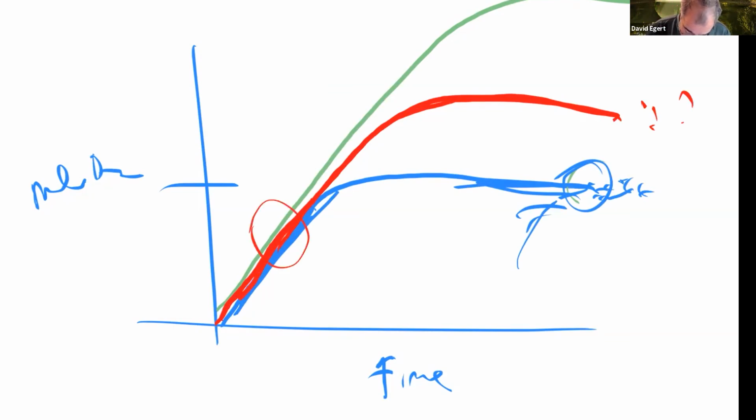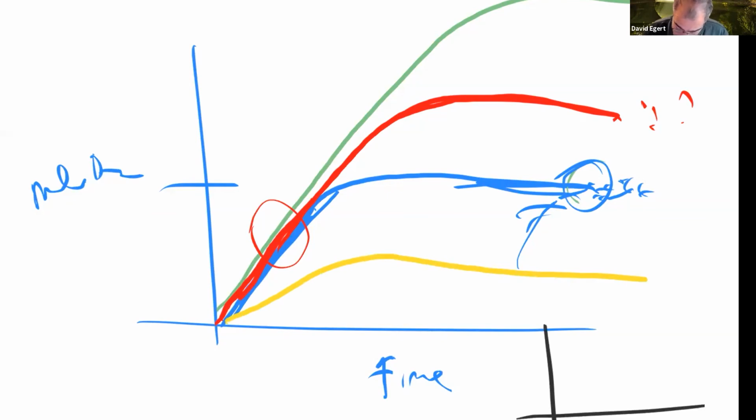So if I was looking at a graph like this, the yellow dot would be here, the blue dot here, because it's steeper, right?